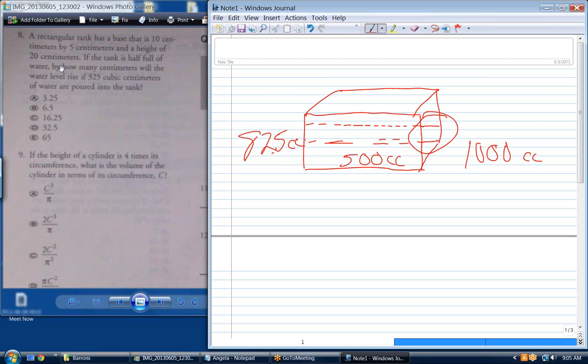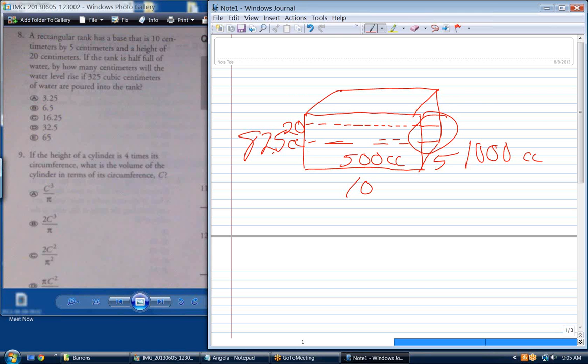So what is the new height dimension? In other words, originally when you drew this, it was a 10 by 5 by 20, and 20 was the height of the tank. So we went from 20 centimeters to some new, we weren't at 20, we were actually at 10 when it was half full.